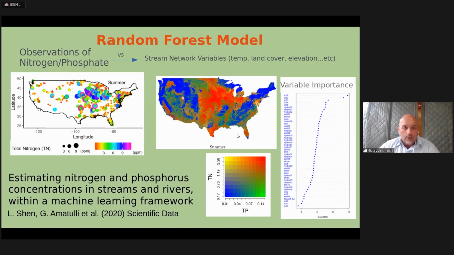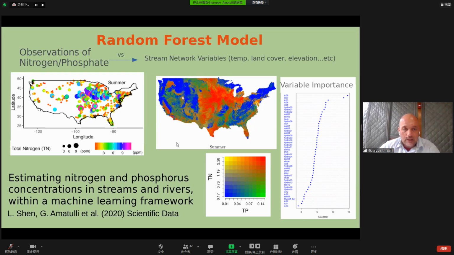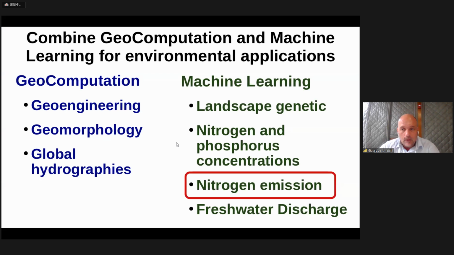So this one mainly used R for the machine learning part and GRASS for the different geocomputation analysis.